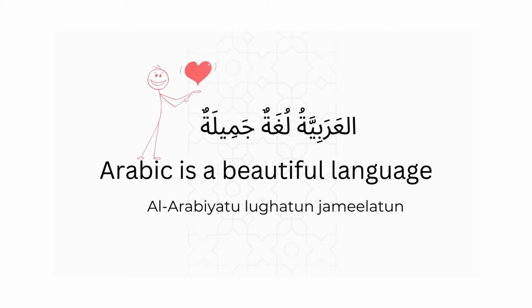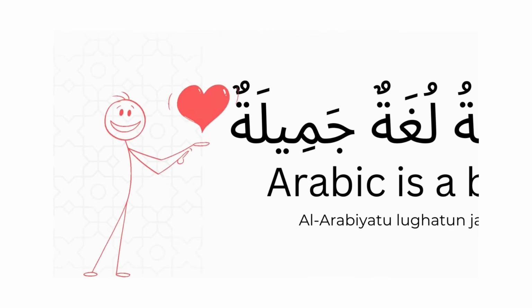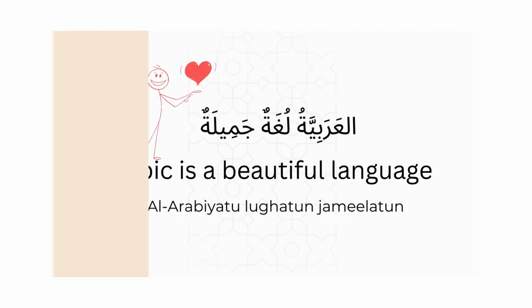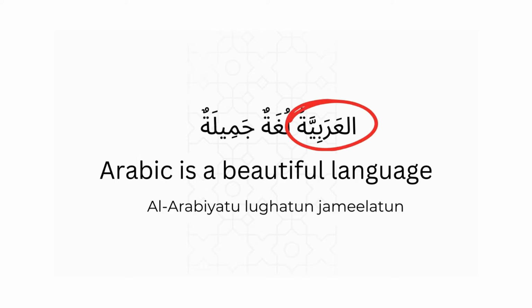You can see that the word جميلة ends with ta marbuta, which usually we add at the end of a word or an adjective to indicate the feminine meaning. And you have also العربية, which has ta marbuta at the end of it. So the adjective جميلة has to match the noun that it describes, which is in this case the word العربية.